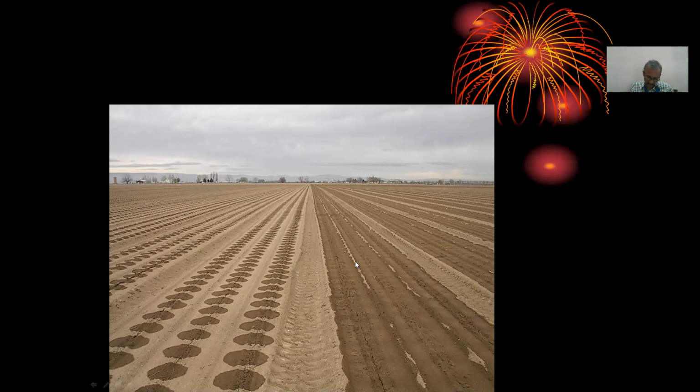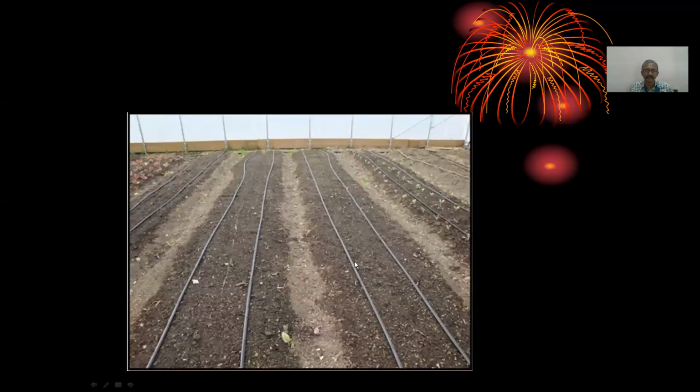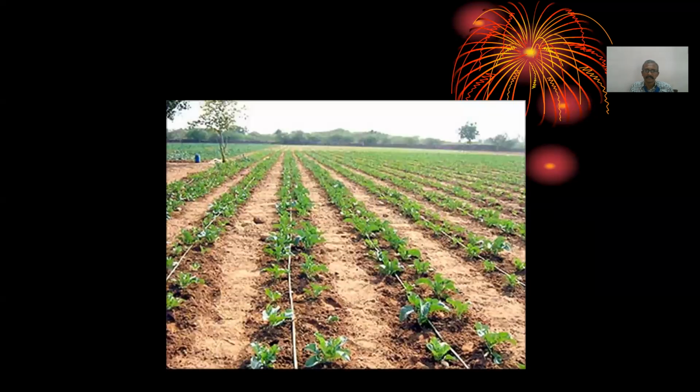So this is called a line source. This is another kind of line source: one line source and another line source placed one near the other. When you grow closely grown crops, then one opts for line sources.